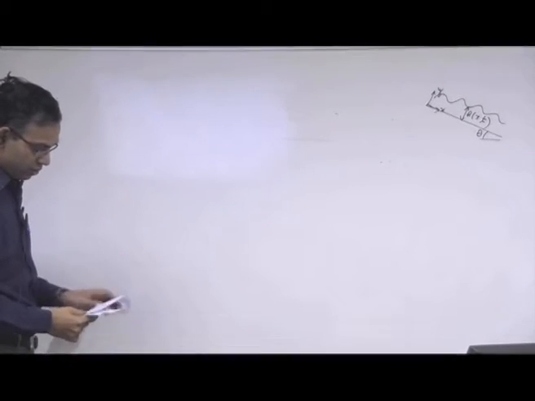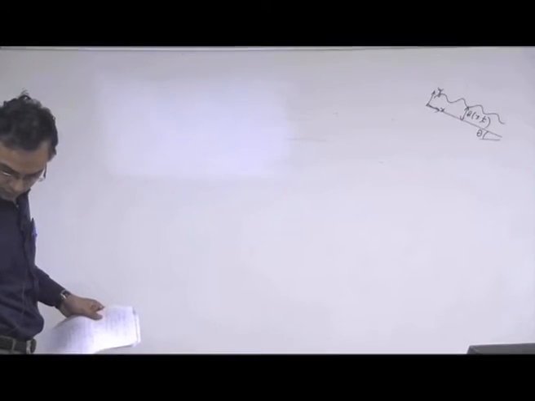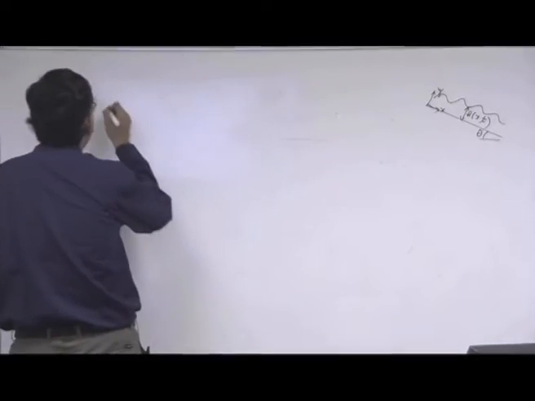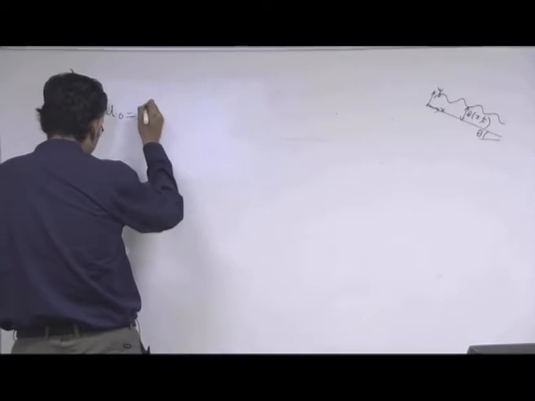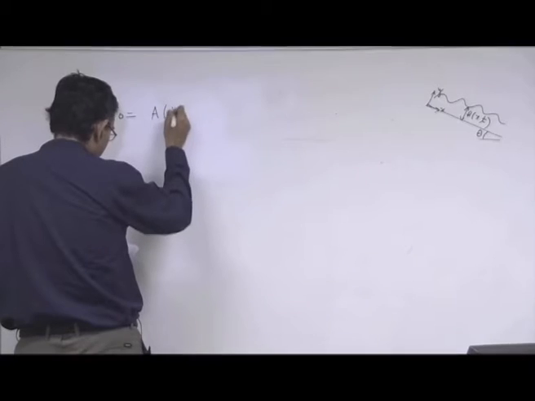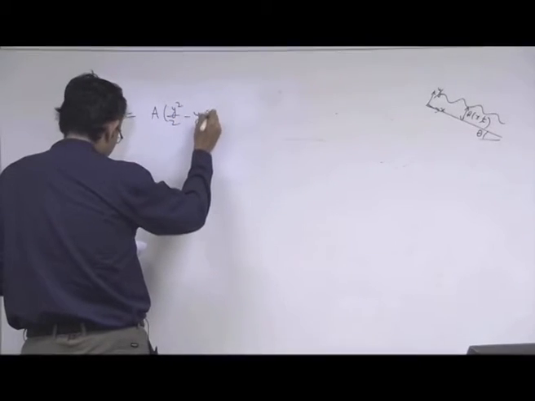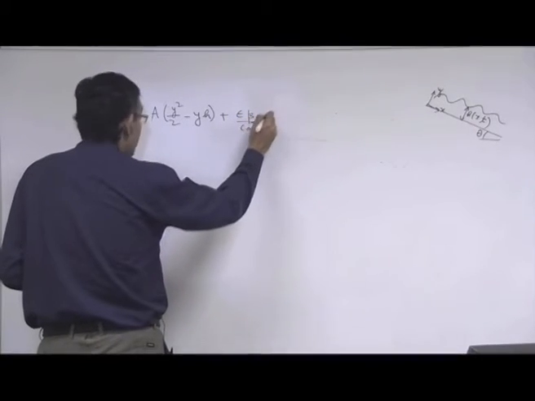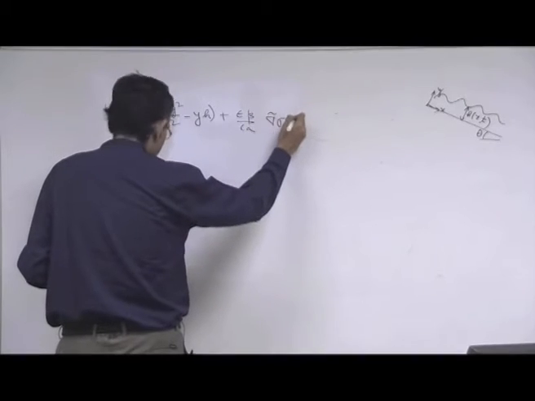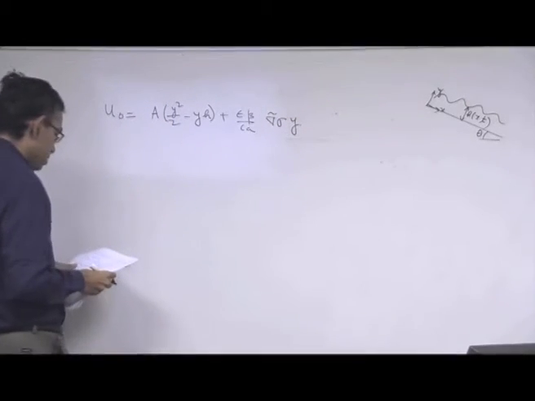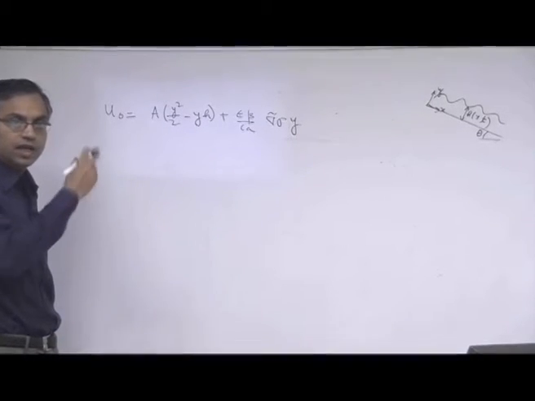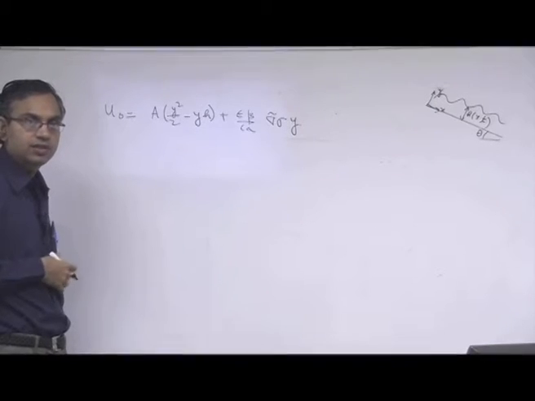Let me reproduce the expression for u naught. U naught is equal to A into y square by 2 minus yh plus epsilon beta by capillary number. Check whether substituting the boundary condition this should come, you have checked it.